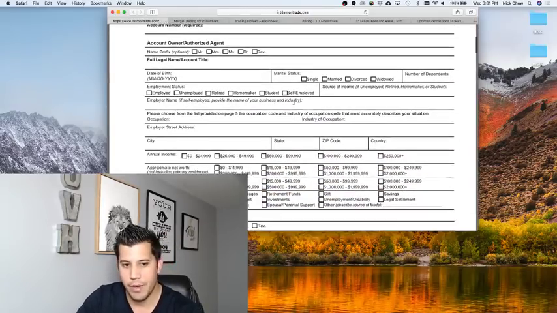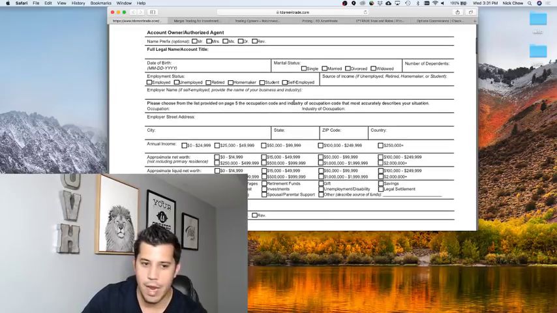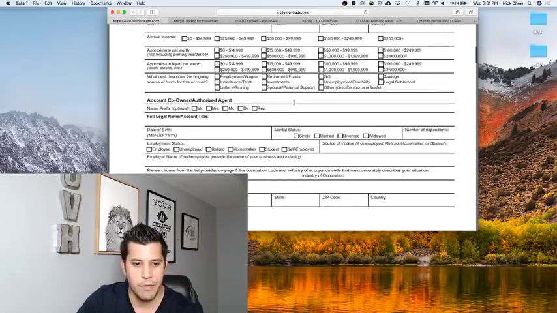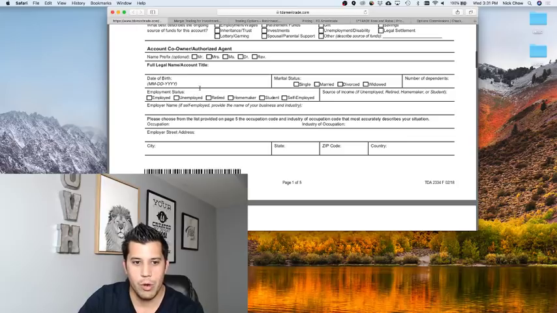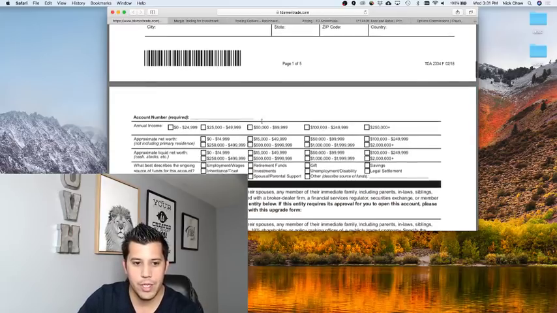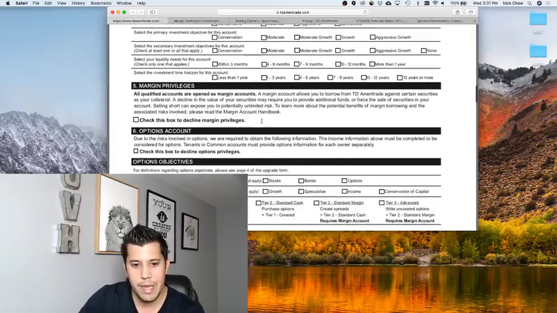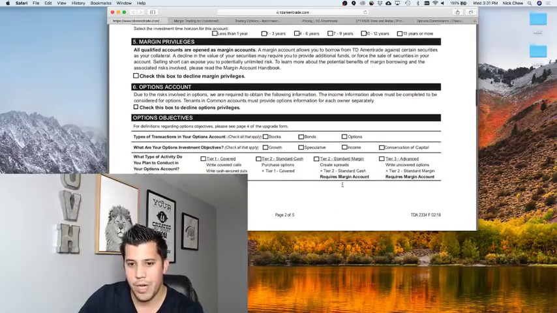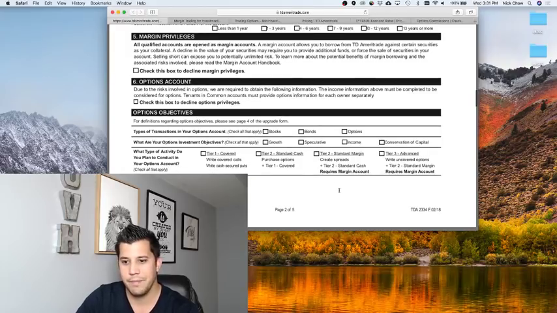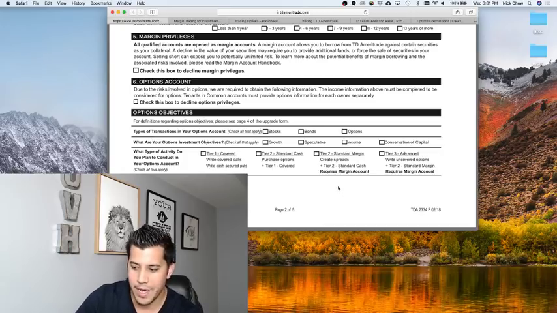They ask you for everything: how much money you make, what's your liquid net worth, where do you work, your cell phone number, your employer's name, street. It gets crazy, and the reason is that, especially on margin, people will gamble their money, get margin called and not pay, so they have to track you down. But we'll get to that a different day.